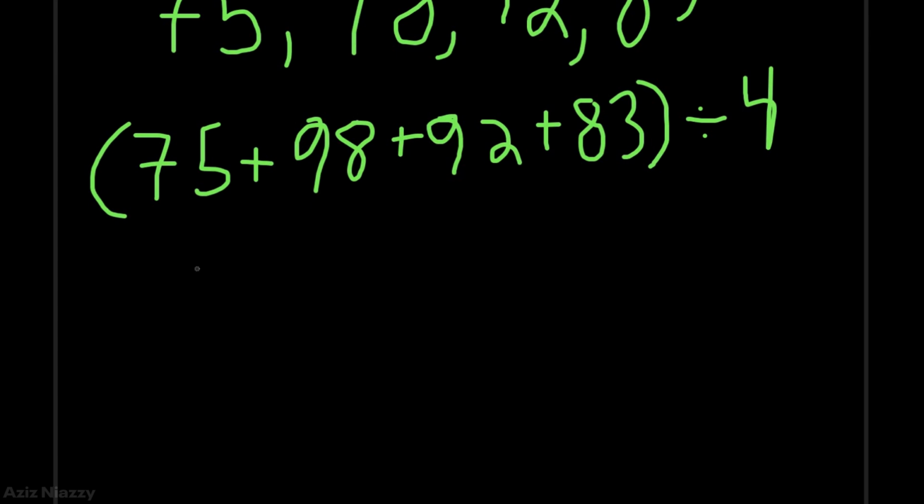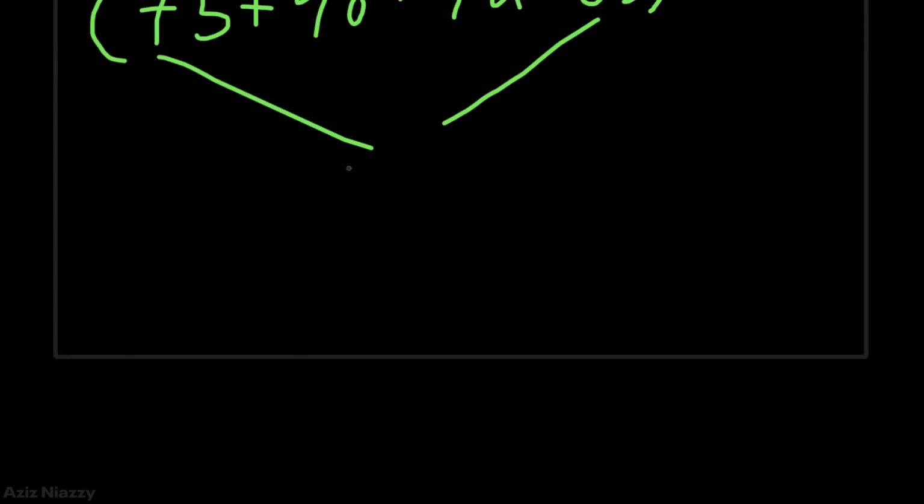So let's do that. The problem would look like this, and the reason we put parentheses is because we want to add the test scores first and then divide by however many tests he did. And he did 4 tests, so add 75 plus 98 plus 92 plus 83, which is going to give you 348.